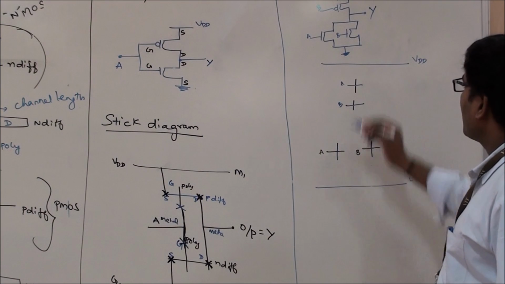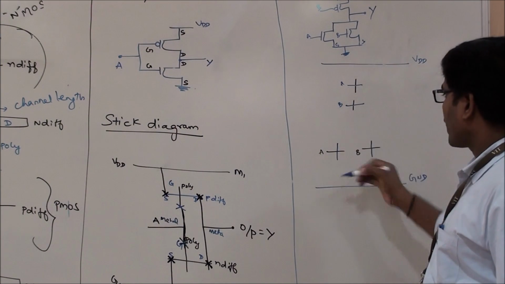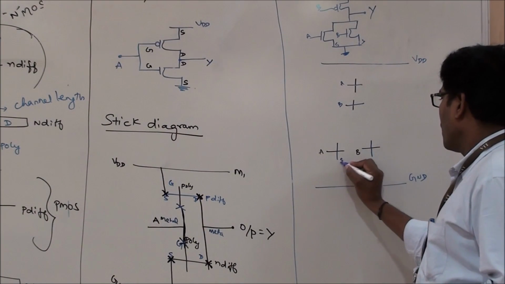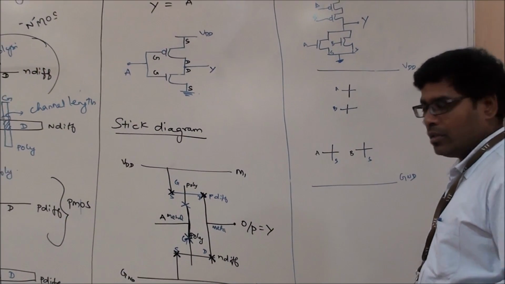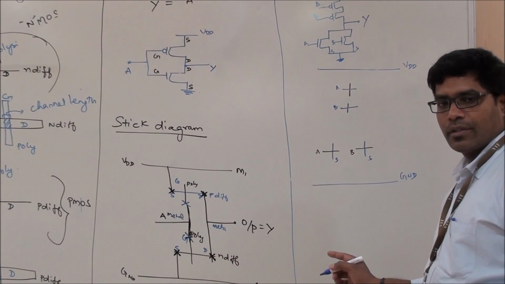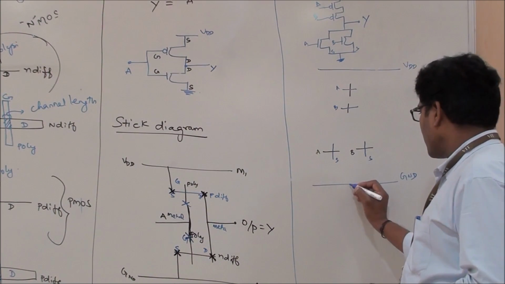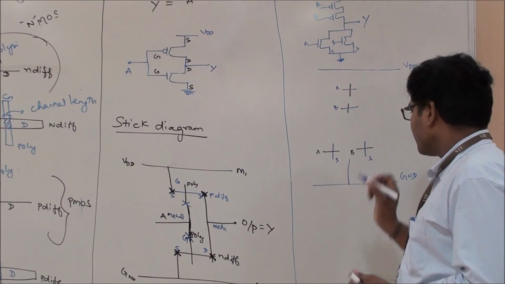Now simply you are supposed to add up these sources and connect them to the ground. If I consider this to be the source line, connect both the source lines, and that needs to be connected to ground. So what I am trying to do is extend this metal line.